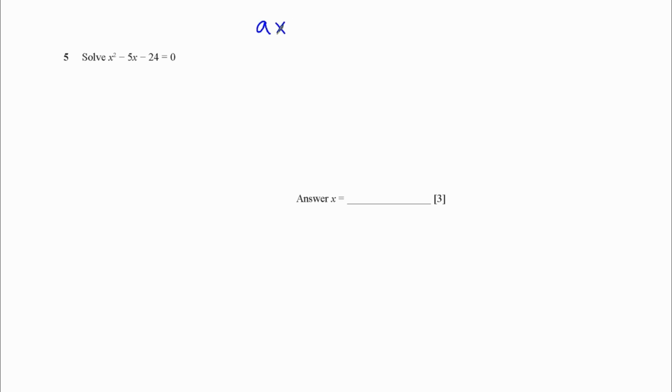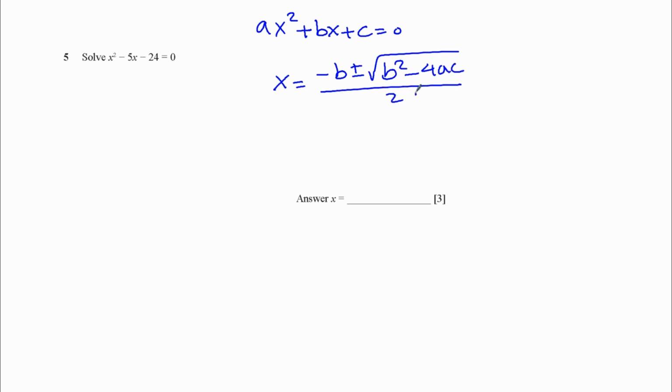So for ax squared plus bx plus c equals 0, x equals minus b plus minus square root of b squared minus 4ac, divided by 2a. The reason that I recommend the formula is that it can be applied to any sort of problem.